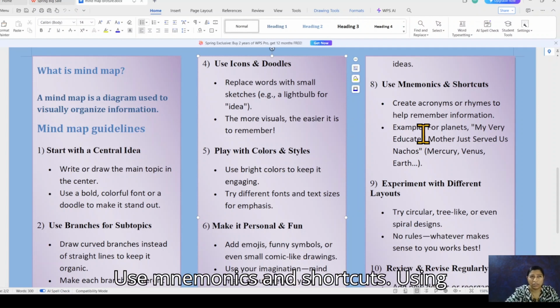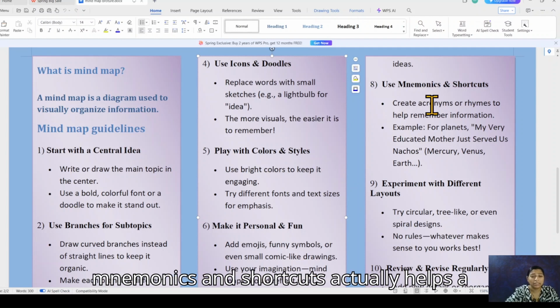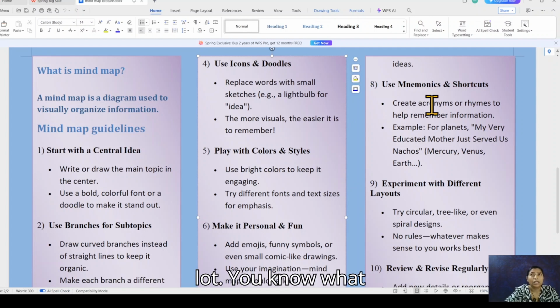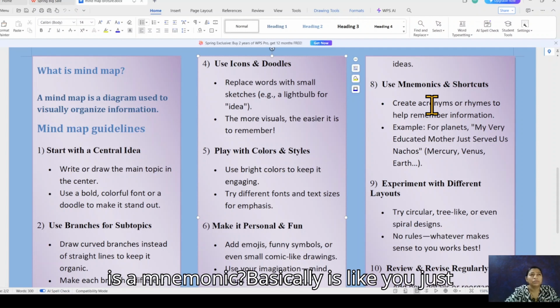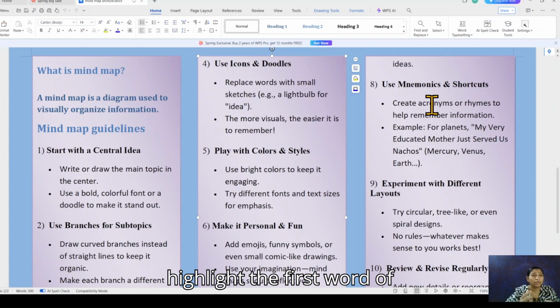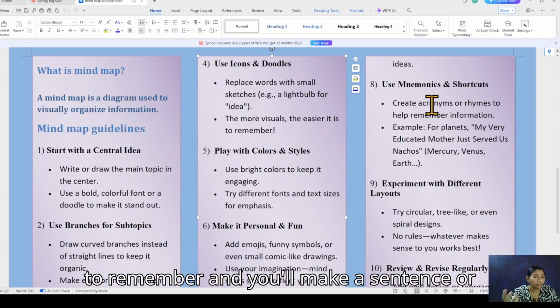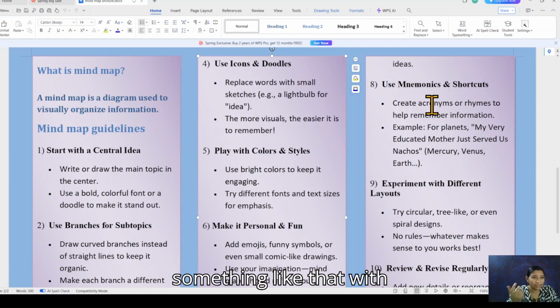Use mnemonics and shortcuts. Using mnemonics and shortcuts actually helps a lot. What a mnemonic basically is, you just highlight the first letter of each thing which you have to remember and you make a sentence with it, and then you'll remember it.